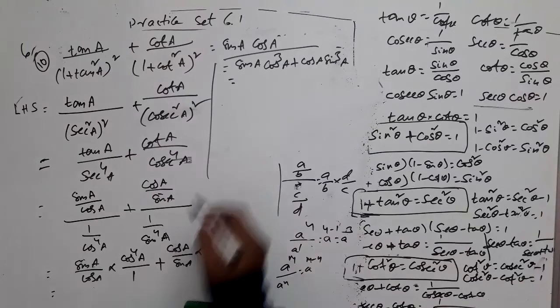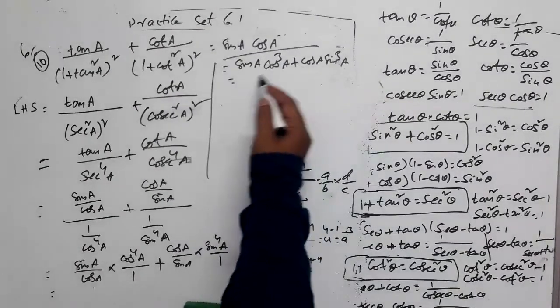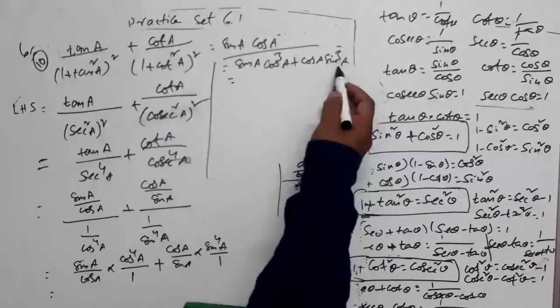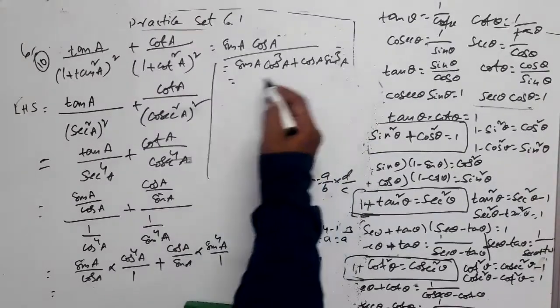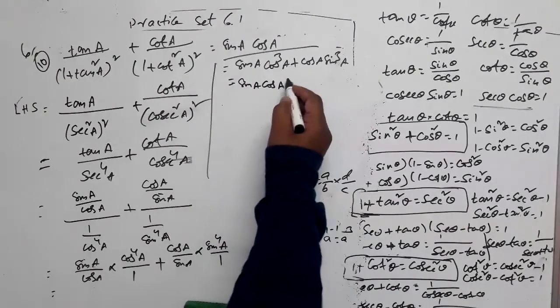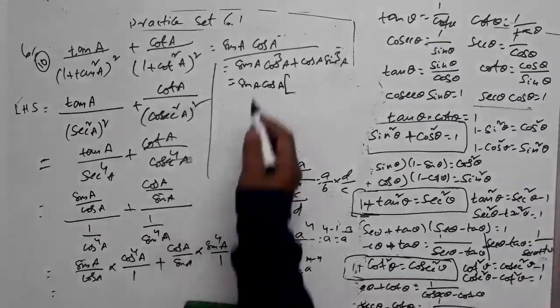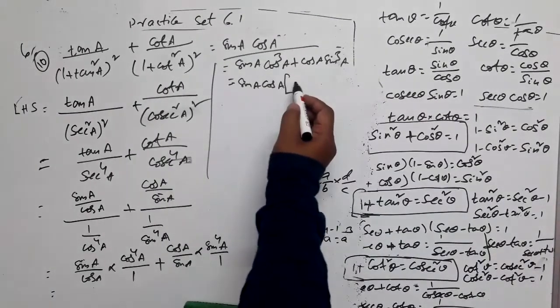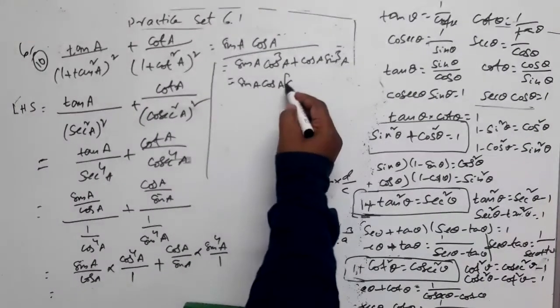Yes. What have I observed? Of these two terms, can you find anything common? Yes, sin A is here, sin A is here. Cos A is here, cos A is here. So I can take sin A common and also cos A common. From this sin A I have written 1, cos A I have written. What else will come here in the bracket? Cos square A, right?